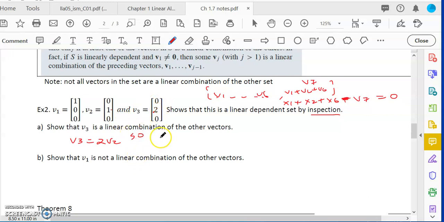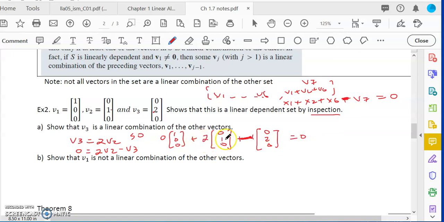So by the definition of linear dependent, you can say 0 times v1, which is 1 0 0, we don't need it, plus 2 times v2, which is 0 1 0, plus negative 1 of v3. Because you can say 0 is equal to 2v2 minus v3, right? Or the other way around, you can say minus v3, which is 0 2 0, and it's equal to 0.